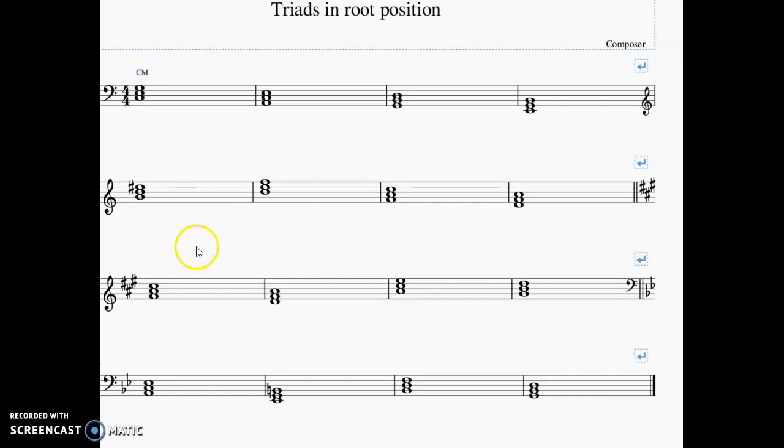Okay, let's do another one together. How about this one down here? Okay, so first we can see these are stacked thirds, so we know this is in root position. So our lowest note is E, followed by G, followed by B. Next, let's apply our key signature.